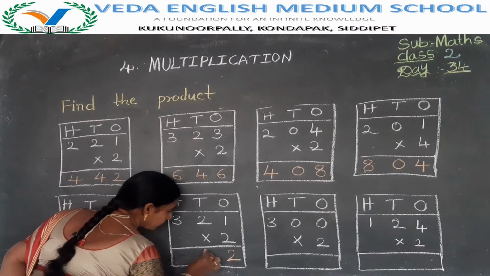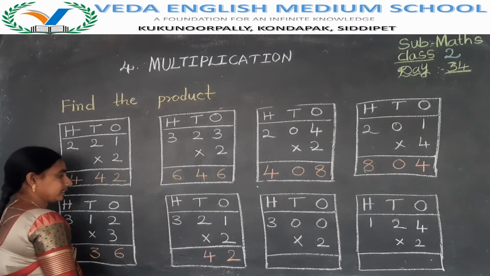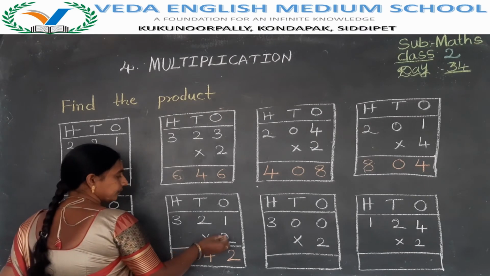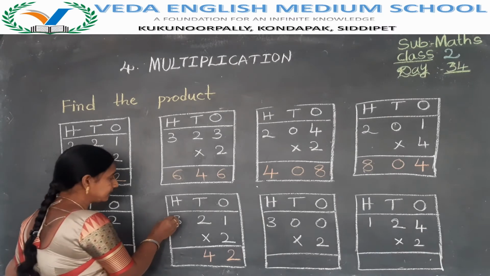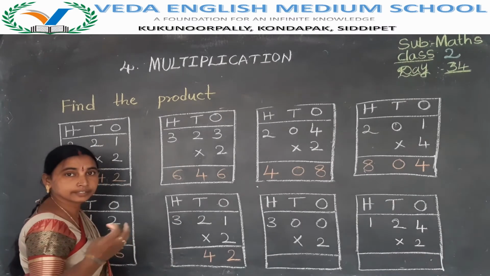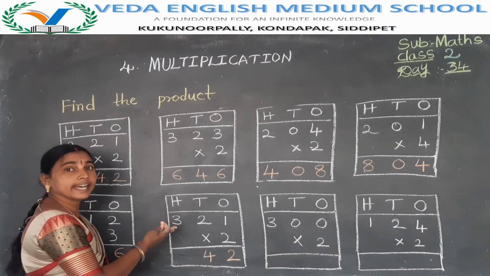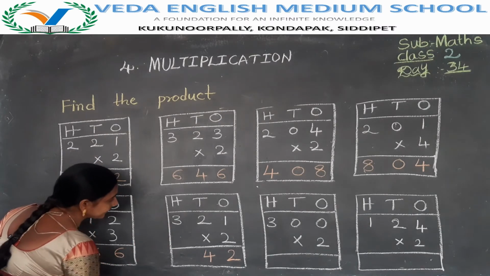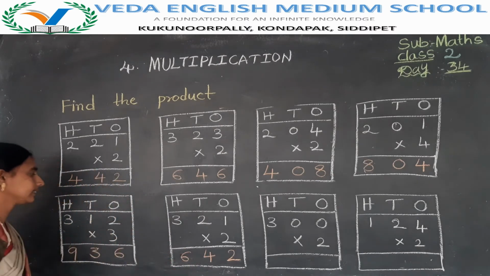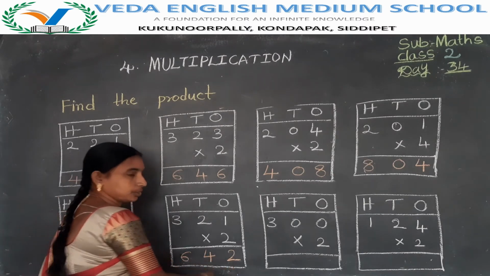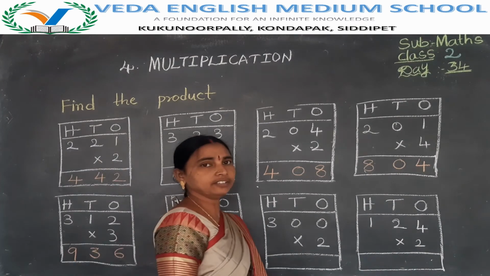So now write 4 under the tens place. Okay. Next, multiply digit 2 in the hundreds place by 3. 2 ones are 2, 2 twos are 4, 2 threes are 6. So now write 6 under the hundreds place. The product is 642. Two more problems have been seen.